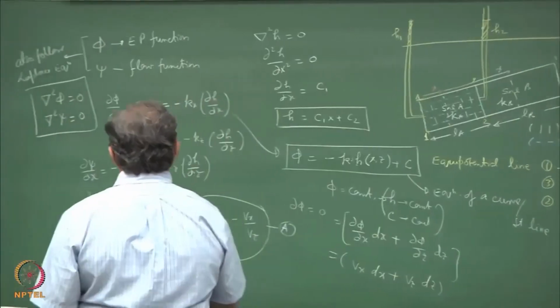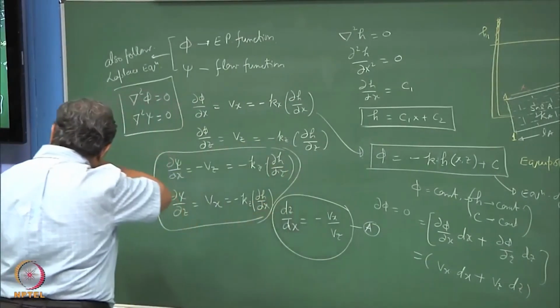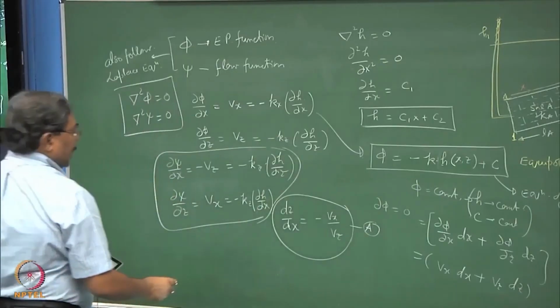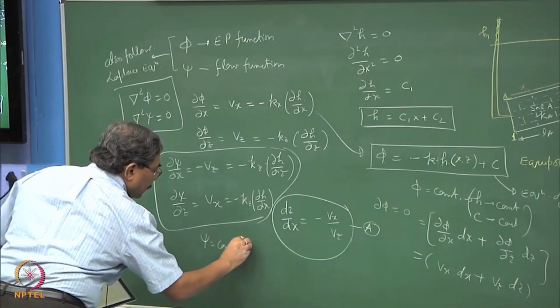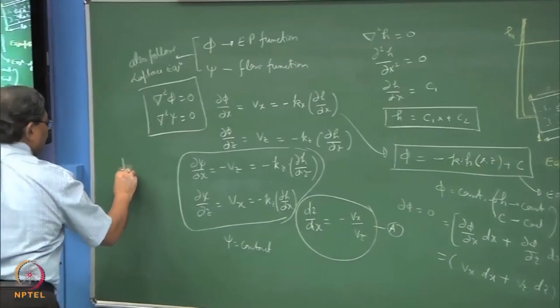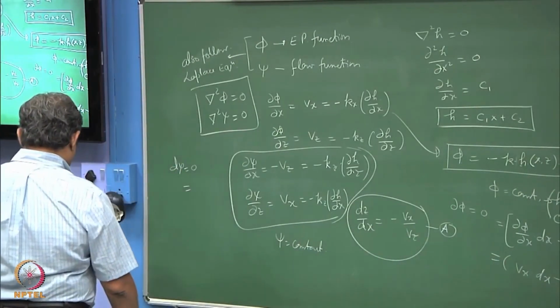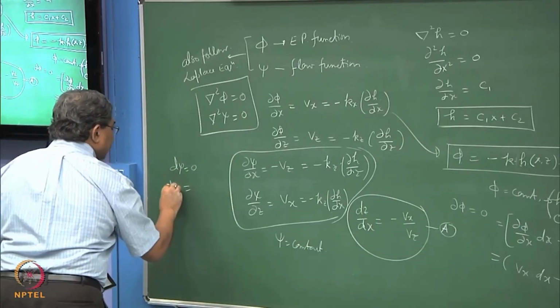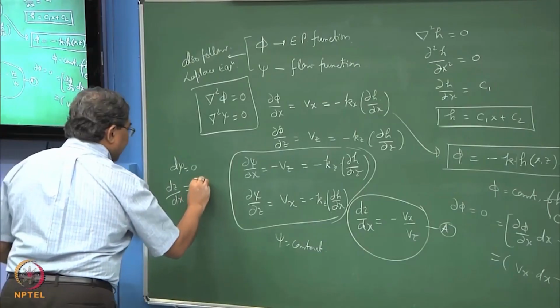I can use these functions again to show that if psi is a constant, d psi will be 0 and this will yield dz by dx as V z upon V x.